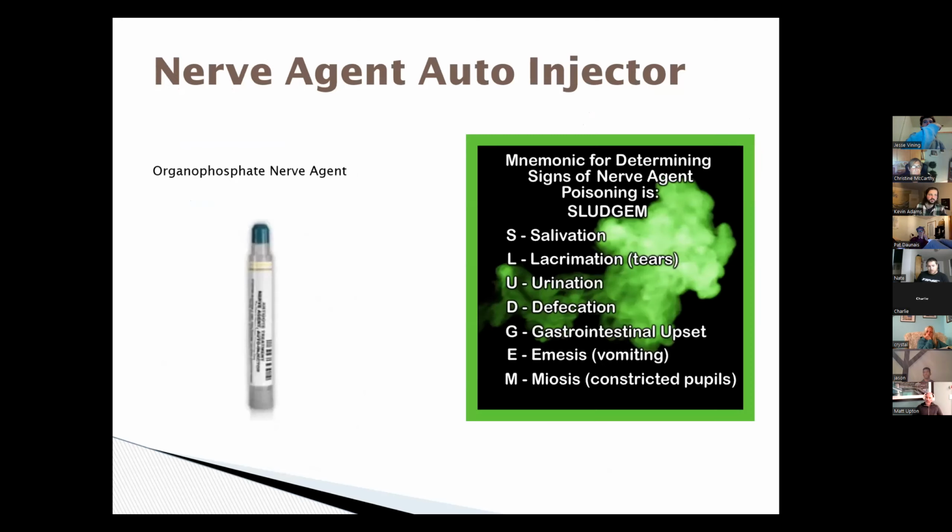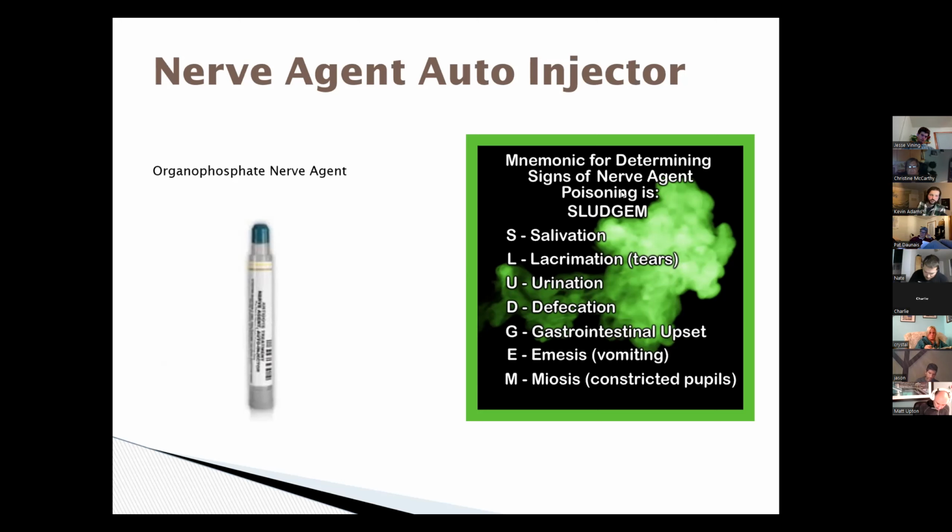Okay, last couple of things here, guys. Keep this in your mind. This is a good mnemonic for poisoning and overdoses, but we'll talk about these organophosphate nerve agents pretty quickly. So SLUDGEM: salivation, excess salivation; lacrimation means watery eyes or crying, not necessarily like someone sobbing, but just uncontrolled, their eyes are watering, they can't figure it out.